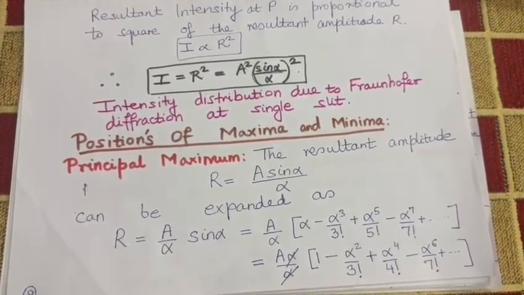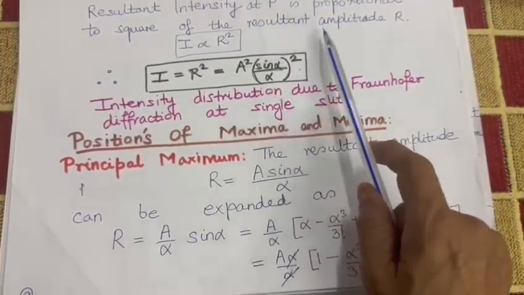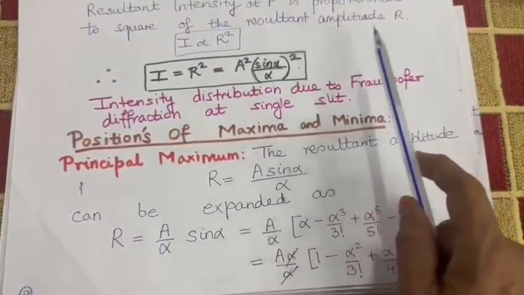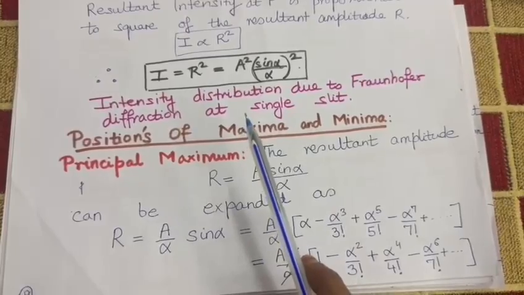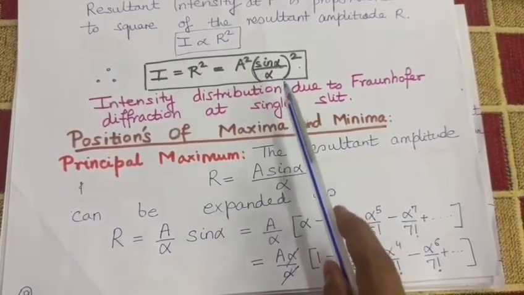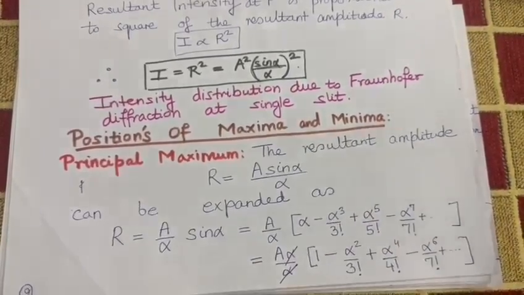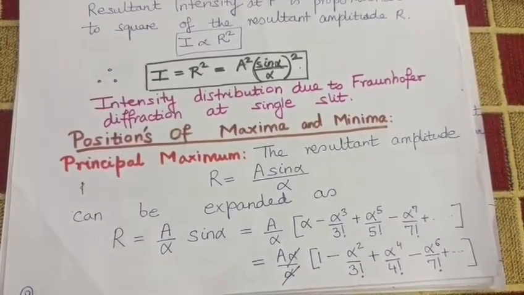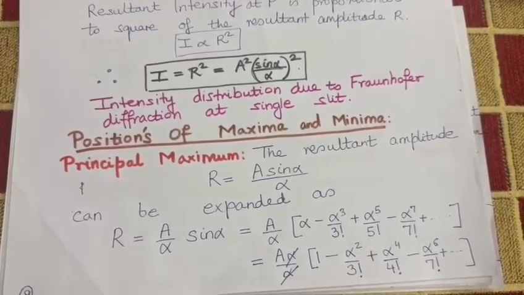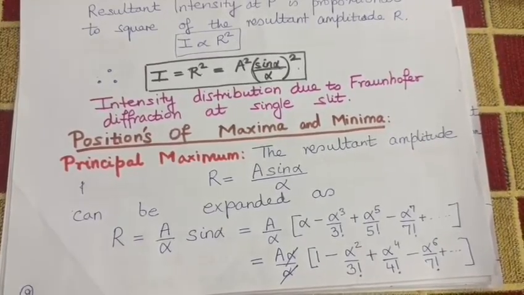Therefore, the resultant intensity at P will be proportional to the square of the resultant amplitude. So it becomes I is equal to A square into sine alpha upon alpha whole square. So intensity distribution due to Fraunhofer diffraction at a single slit is given by this formula.